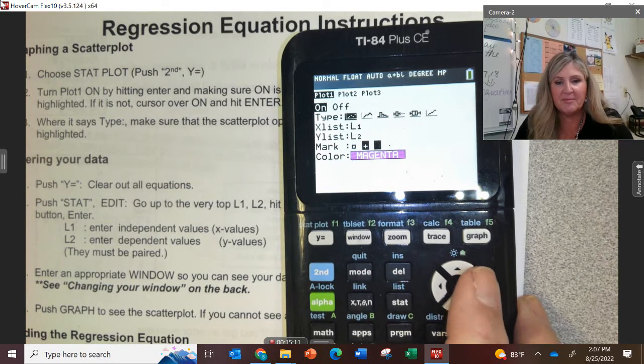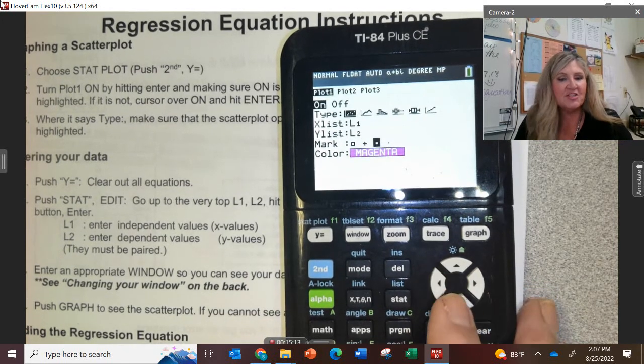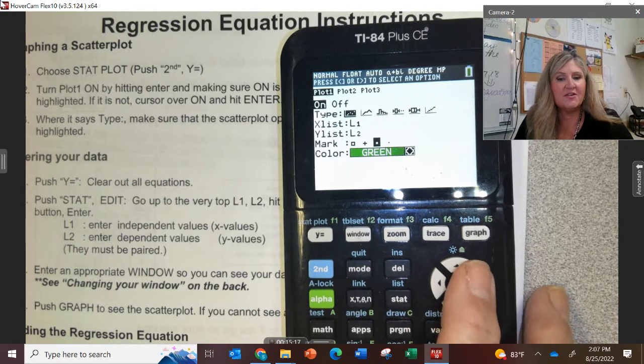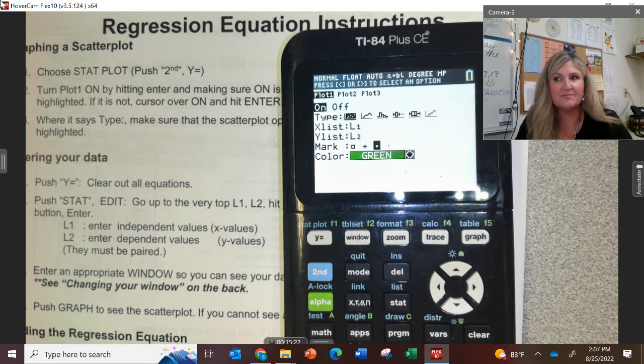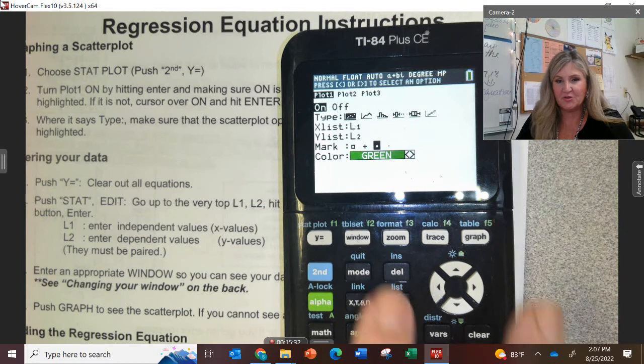I'm going to change it up. I'm going to use this one this time. I just push enter. And then I'm going to choose a color. Let's go with green. And I'm going to push enter. Everybody got that all set up? You don't have to use my same choices on these two. I'm just choosing which one.